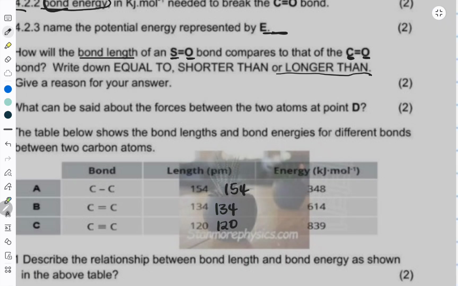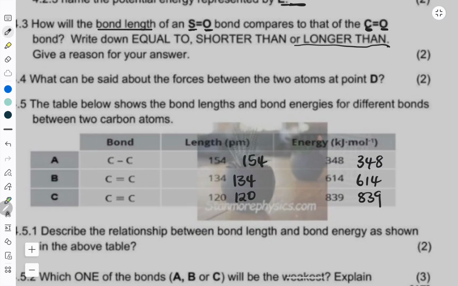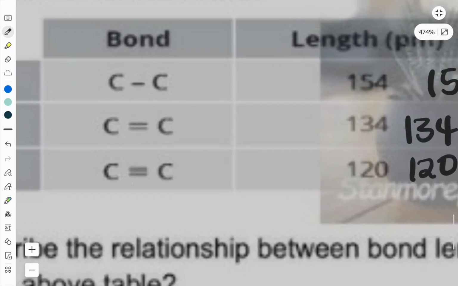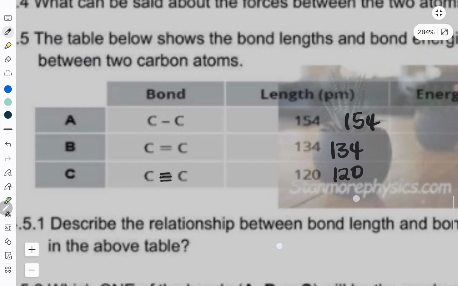These are all bond lengths. And then here we have 348 kilojoules per mole, 614, and 839 kilojoules per mole. I think this was supposed to be a triple bond. I'm not sure what they did there.